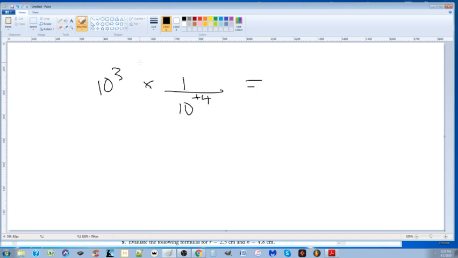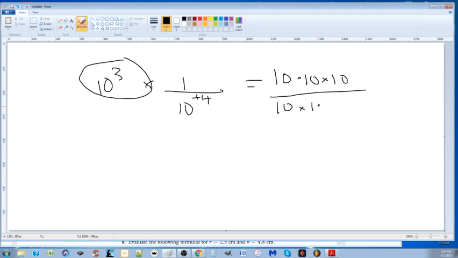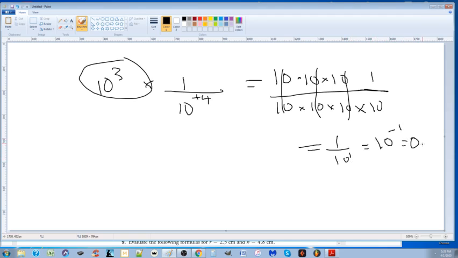And therefore at top, 10 to the power of 3, I have 10 times 10 times 10, and at the bottom I have 10 times 10 times 10 times 10. Well, these cancel out, so I'm left with 1 over 10. 1 over 10 is the same as 10 to the negative 1, because it's 1 over 10 to the 1, which is the same as 0.1.